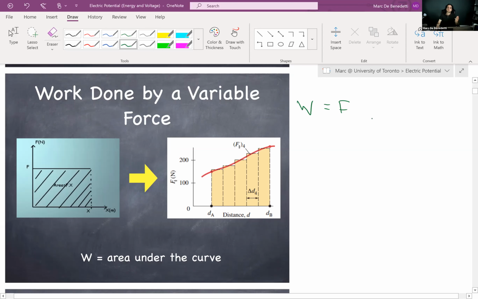Now, if you have a force F that's constant, then if you were to graph that, it's just a horizontal line. So how do you interpret the value of Fd, or the value of work done? Well, the force is the y value, and d is the distance in the x value. So you're going to have x times force.